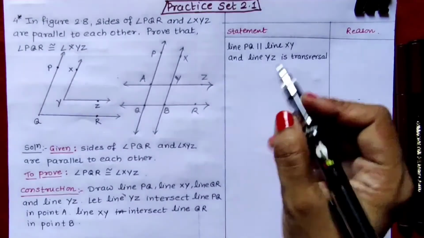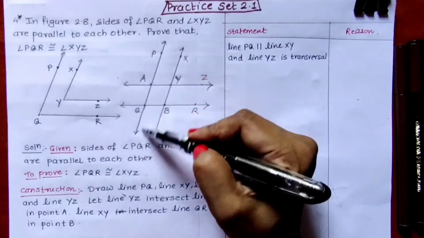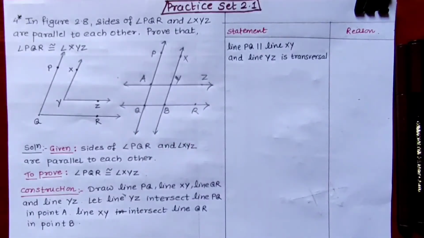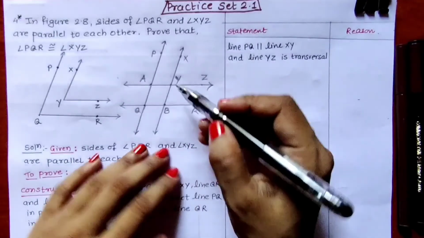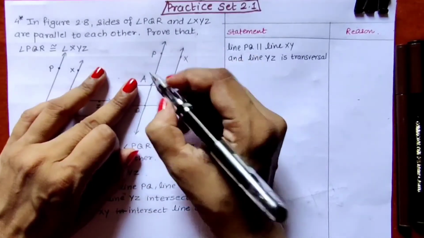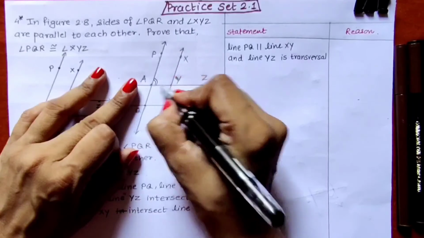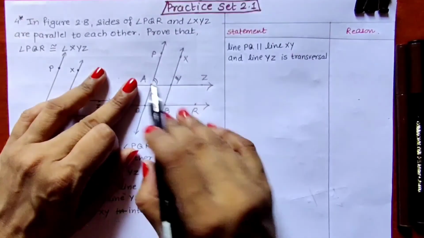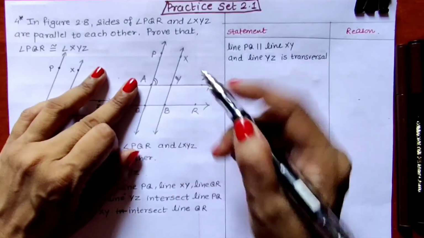Now, as line PQ is parallel to line XY and YZ we have taken as a transversal, so when you watch these 2 angles, angle PAY, can you see this angle PAY? One side, one arm is on the right hand side, other arm is in the downward direction.